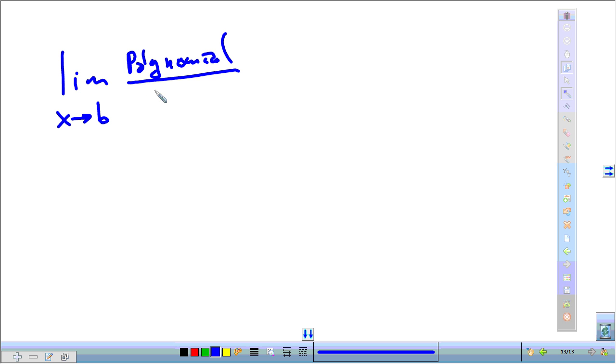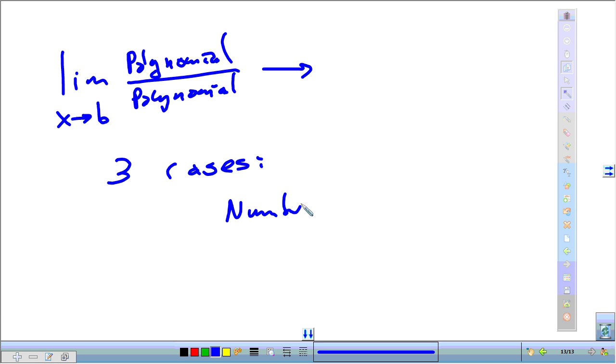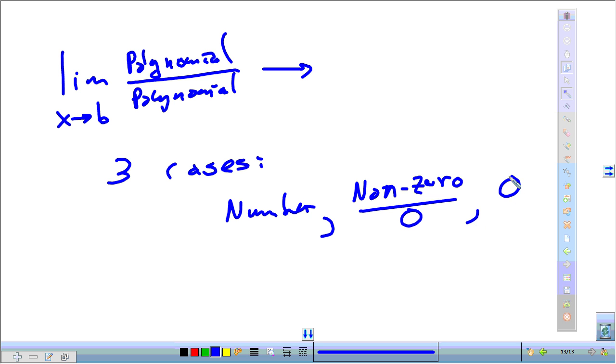So, for the limit as x approaches some value of a polynomial expression divided by a polynomial, you get 3 possible cases: a number, non-zero over 0, or 0 over 0.